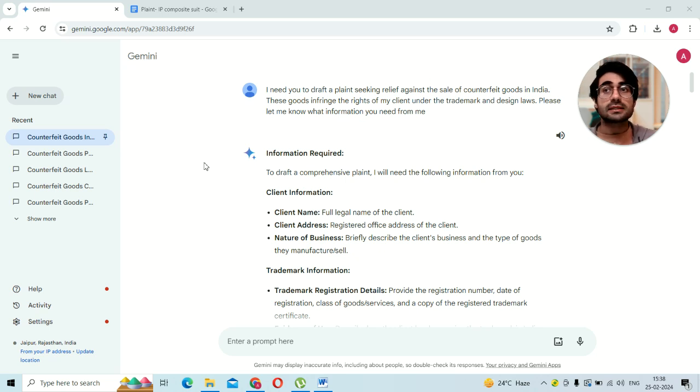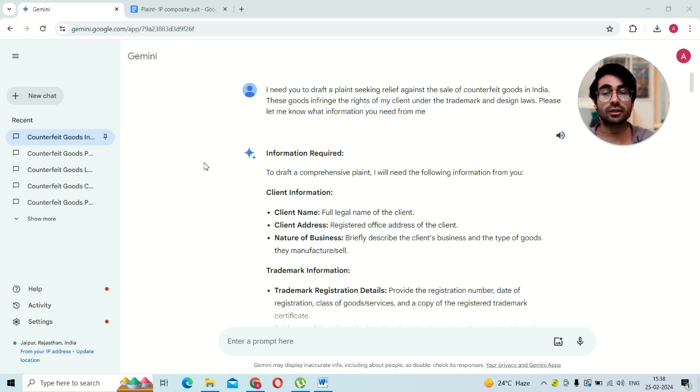This mostly happens in cases of the product being very, very popular, and the appearance of the product being so popular that people would just be willing to buy it on the basis of its appearance. So that is what is essentially copied when counterfeit goods are made.